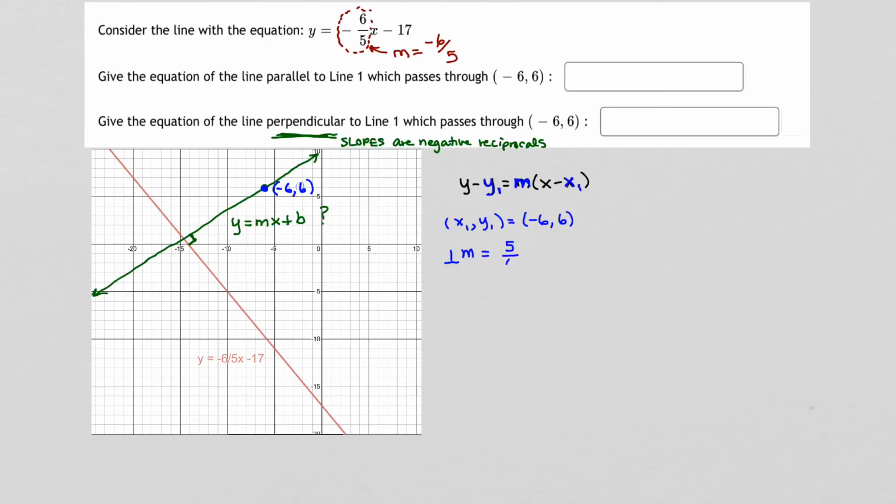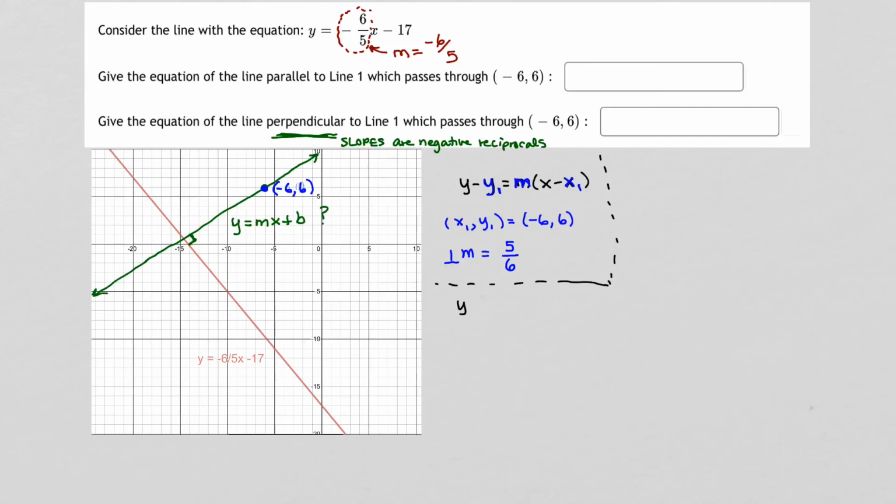That means I'm going to invert the negative 6 fifths, and instead of being negative, I'm going to make it positive. This is the negative reciprocal of negative 6 fifths. That is 5 sixths. I have all the pieces I need to put this problem together. I'm now going to plug things into my formula and solve.